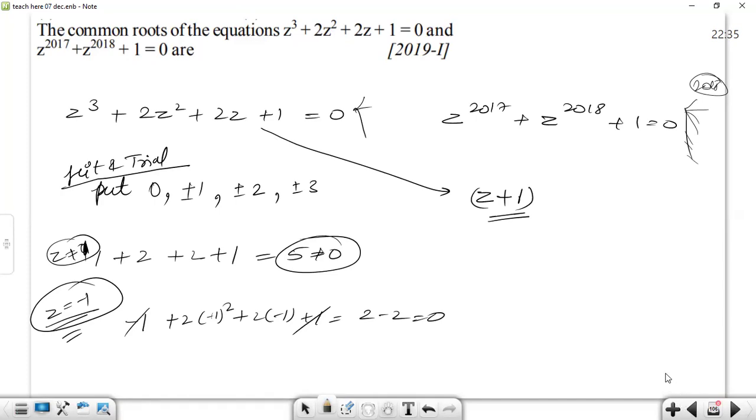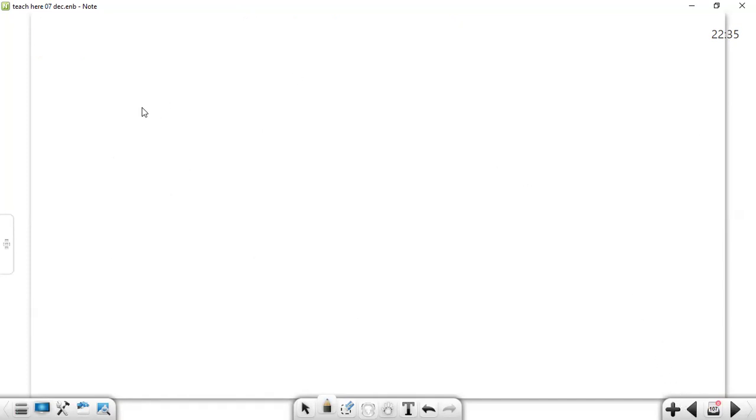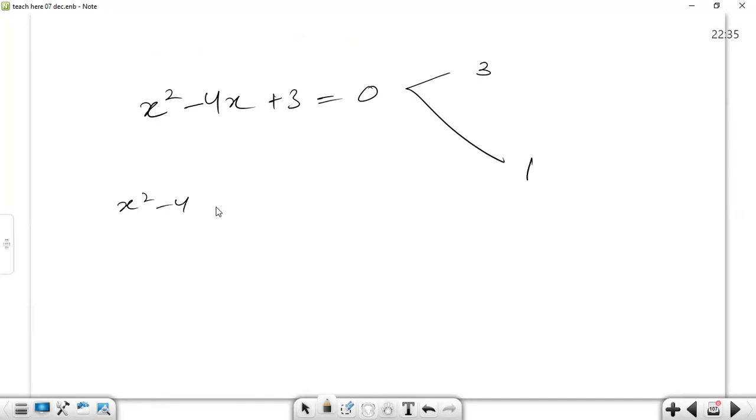Let me explain again with a different example. Take a quadratic equation with roots 3 and 1. We can write x square minus 4x plus 3 as x minus 3 into x minus 1.